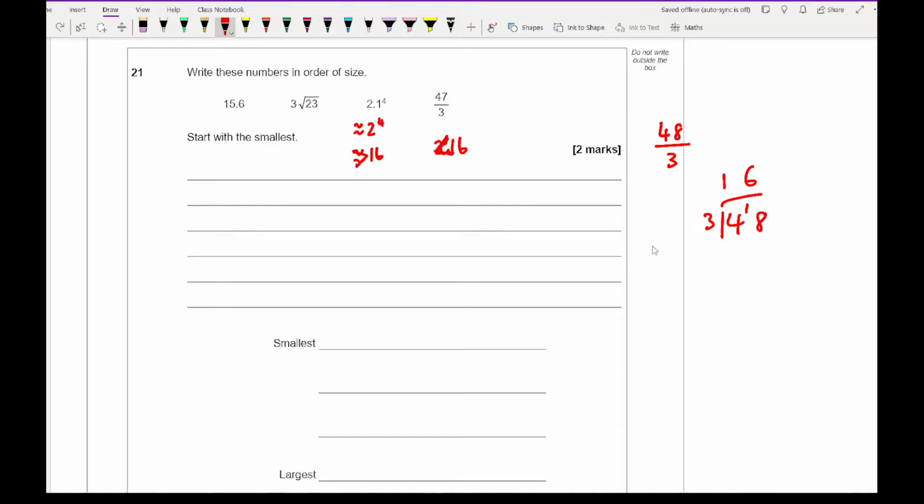And then the square root of 23 is going to be roughly less than 5, so 3 times a number that's less than 5 is going to give me a number that's less than 15. So looking at this, I can now order these numbers. The smallest number is going to be 3 root 23.